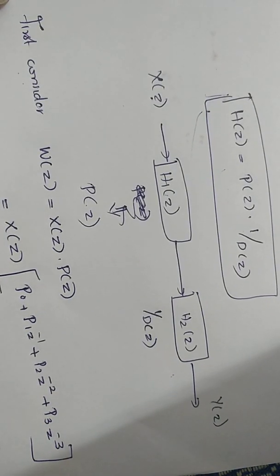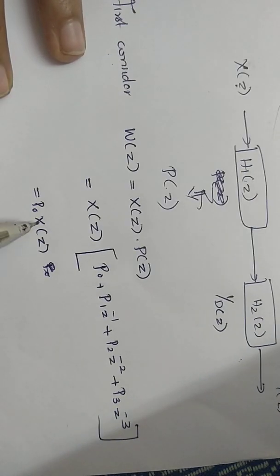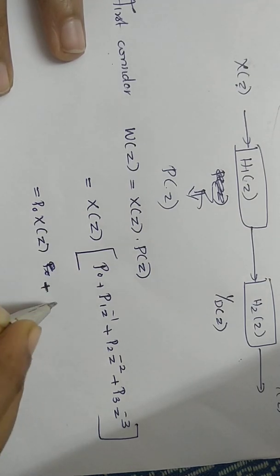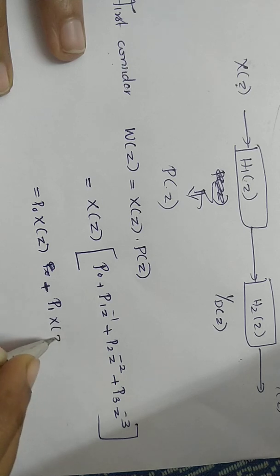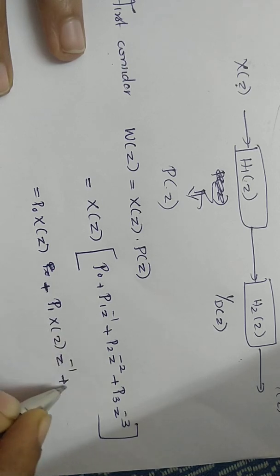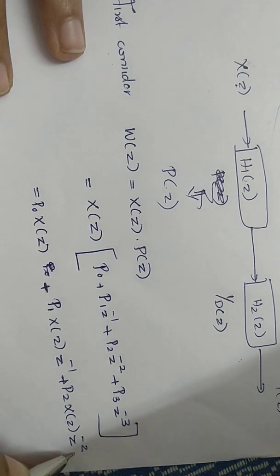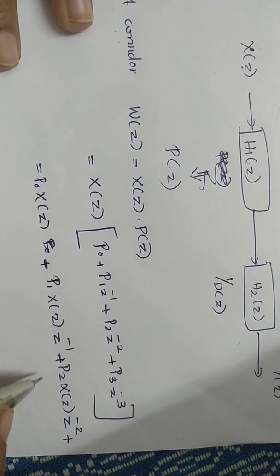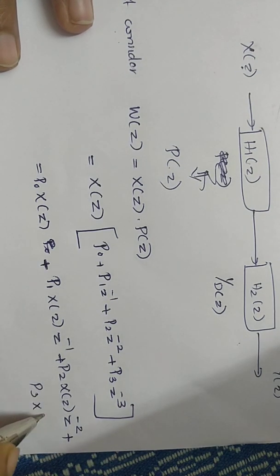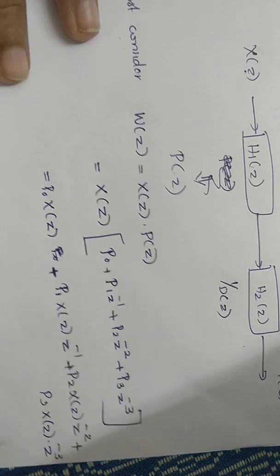Suppose I am multiplying it, first write the coefficient: p0 into X of z plus p1 into X of z into z inverse plus p2 into X of z into z raised to minus 2 plus p3 into X of z into z raised to minus 3.